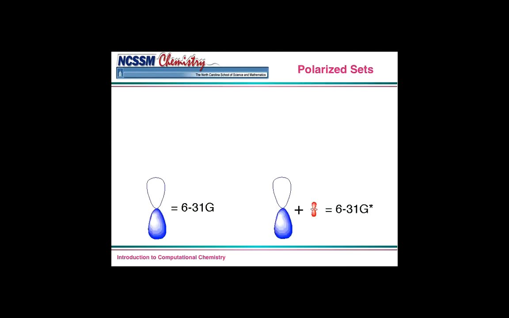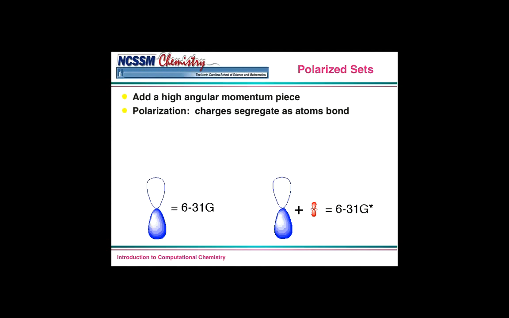All right, a little bit about polarized basis sets here. I'm not going to get too much into this because many of you haven't had advanced physics, but we're going to add a high angular momentum piece. With polarization, as the atoms are bonding, the charges are moving a little bit, so they're not staying in one place.